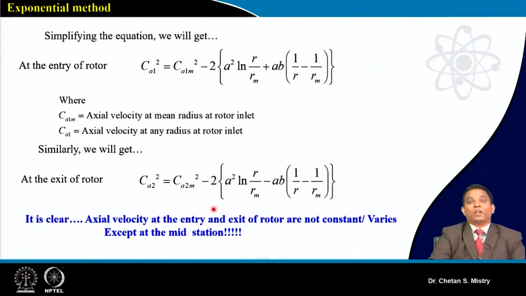But you can understand, when I am considering my exponential design, the axial velocity at the entry of my rotor and the axial velocity at the exit of my rotor are not the same, it is varying. Now the immediate question will come: what is happening with my degree of reaction?